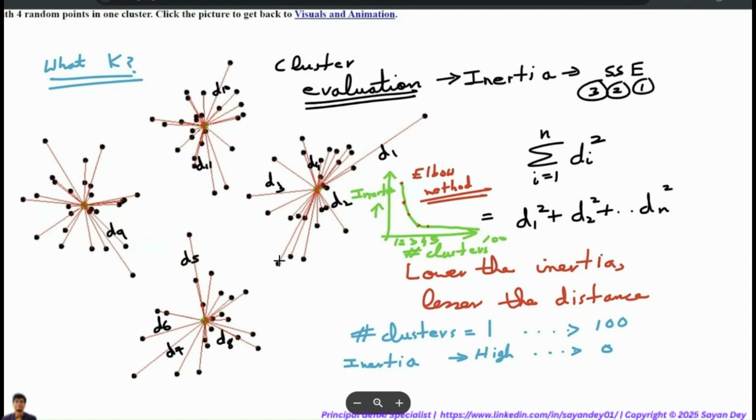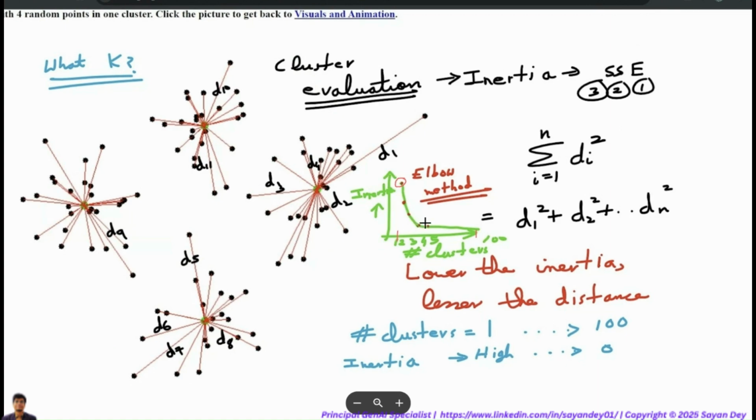The inertia will become 0, friends, because every data point is a centroid now. You've got 100 points and 100 centroids, so what is the distance between every point and its centroid? It's 0, right? Because the point itself is a centroid. That is the other extreme. So with clusters equal to 1, inertia will typically start very high, and with clusters equal to 100, as many as data points we have, inertia will tend to 0. We are trying to find something in between.